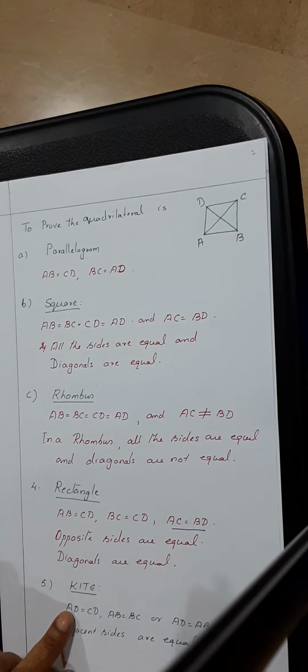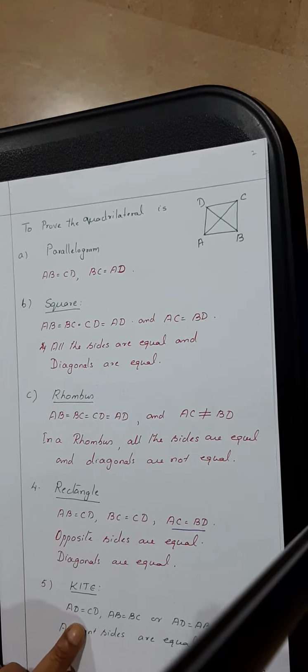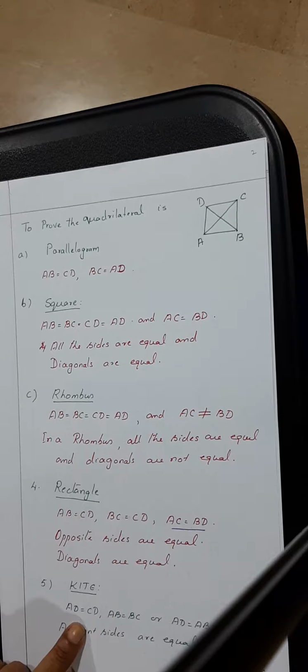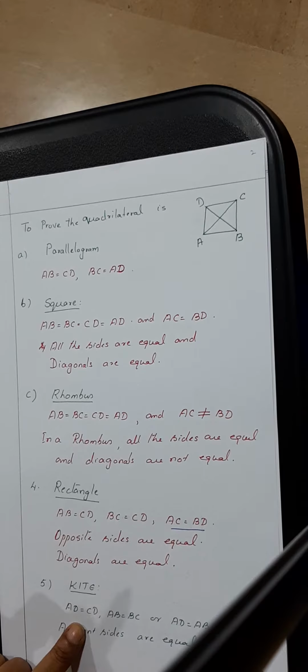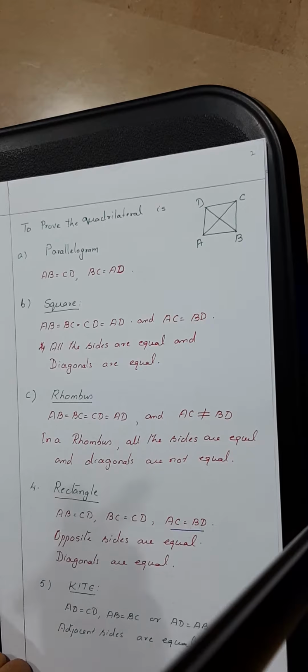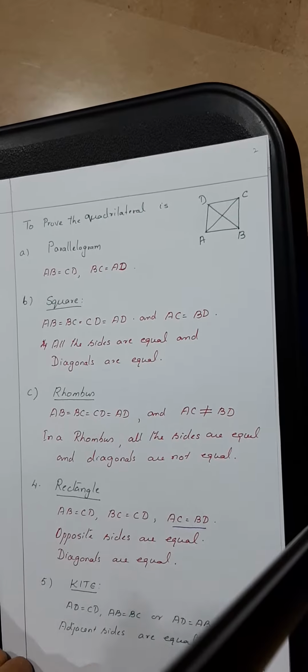Suppose A, B, C, D. So, AD equal to CD, AB equal to BC, or you can prove AD equal to AB and CD equal to BC. If you have to prove these two are equal and these two are equal, then it forms a kite.